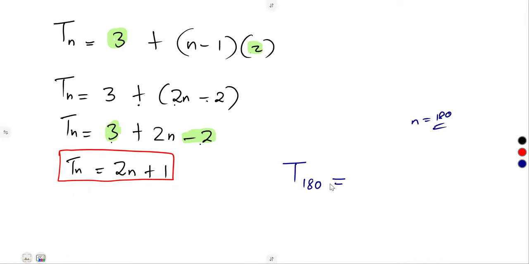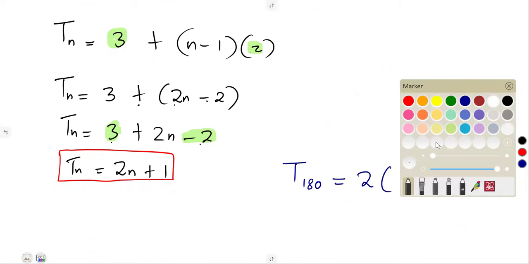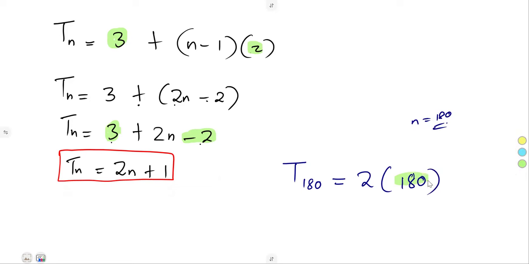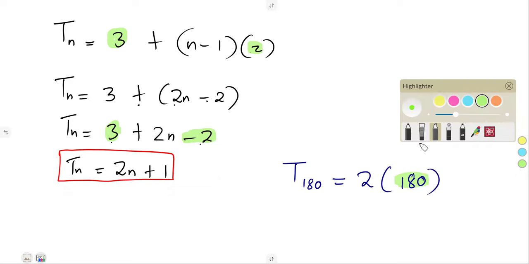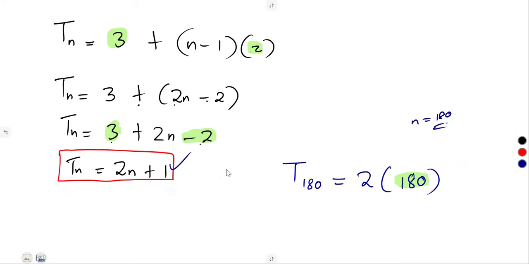In place of the N, we put 180. So it's 2 times our n being 180. We substitute the n that we are given there. But we have got plus 1 at the end, so you're going to add the 1.